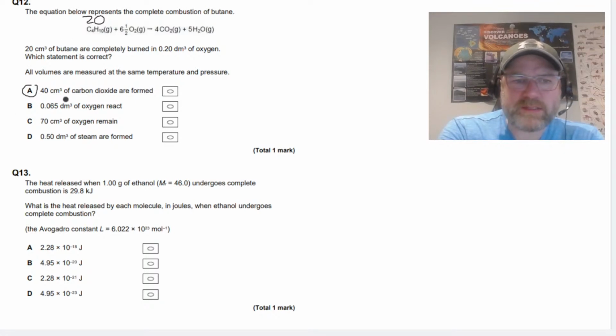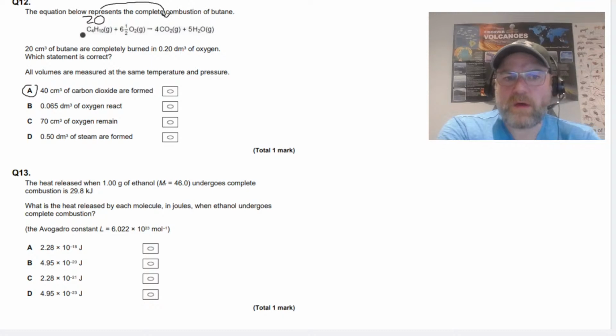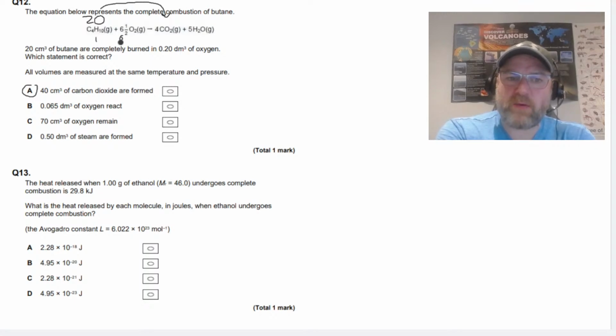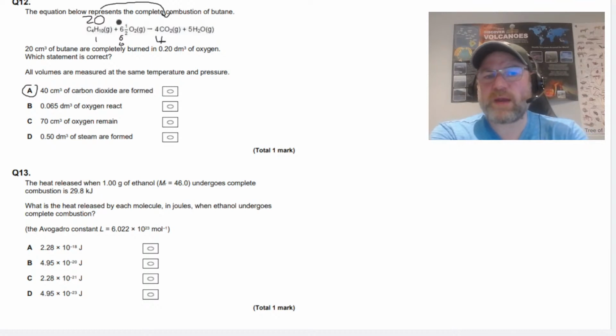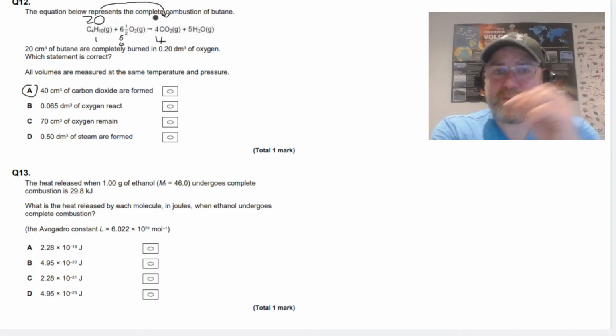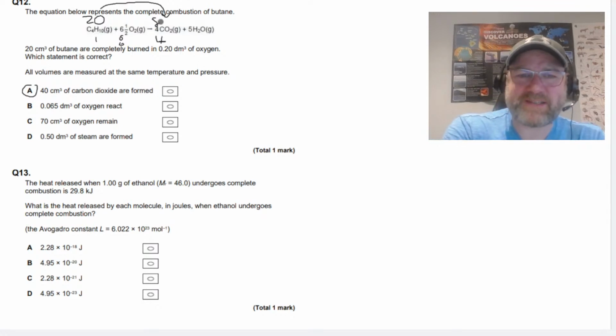It then tells us that 40 cm³ of carbon dioxide are formed. Look at the ratio of butane to carbon dioxide. It's 1 to 4. So we know straight away this is not correct, because if I have 20 cm³ of butane, I should make 80 cm³ of carbon dioxide. So this one is definitely wrong.